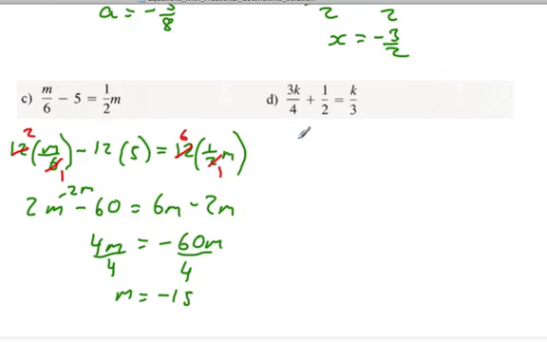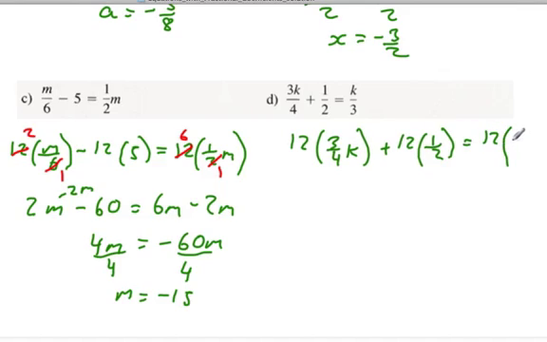Again, common denominator is 12. And so now we simplify. 4 goes into itself once and into 12 3 times. 2 goes into itself once and into 12 6 times. 3 goes into itself once and into 12 4 times.